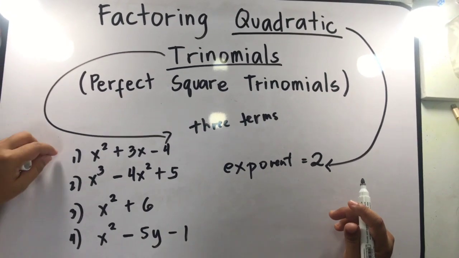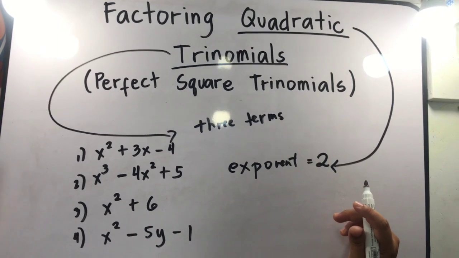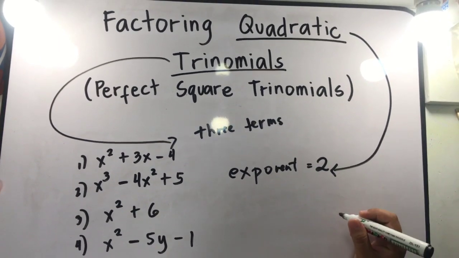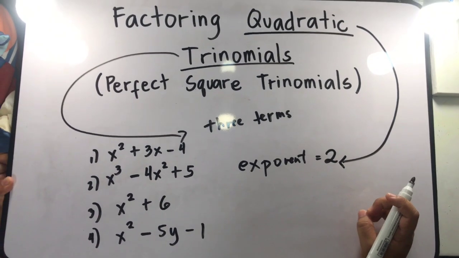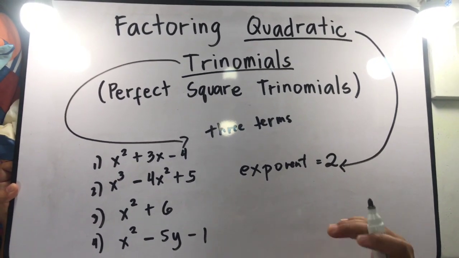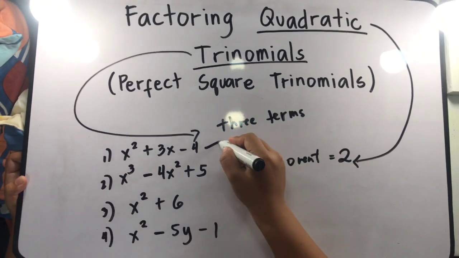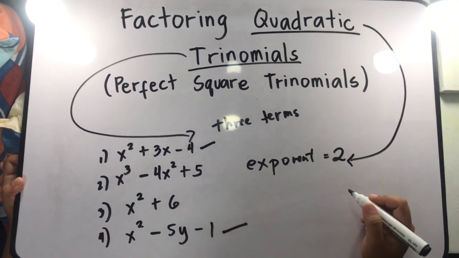Okay, so with these 4 examples, what do you think is under quadratic trinomials? Okay, so it is only 1 and 4.